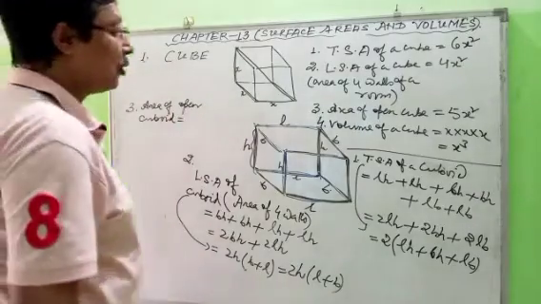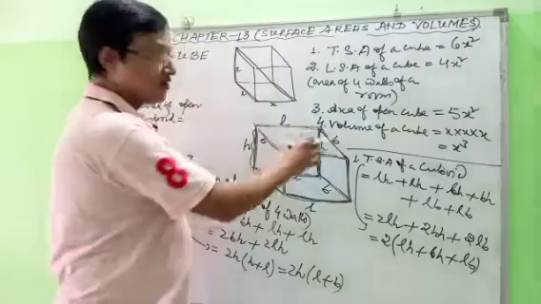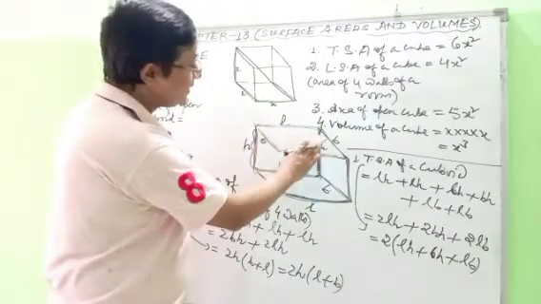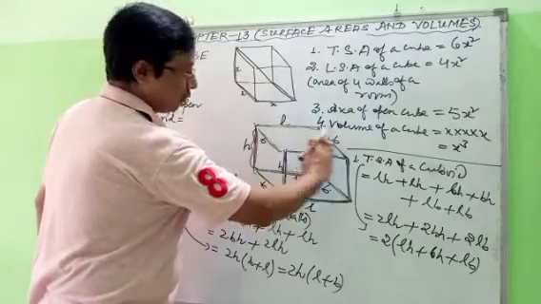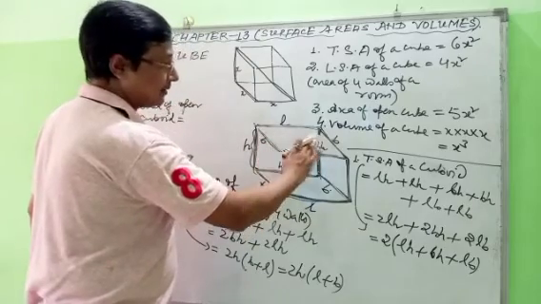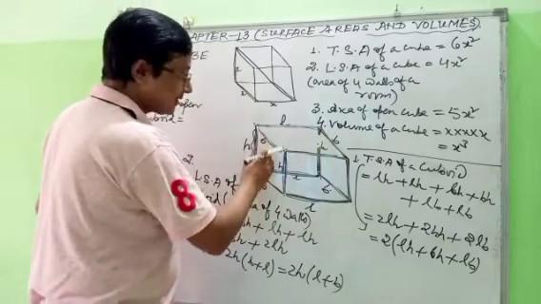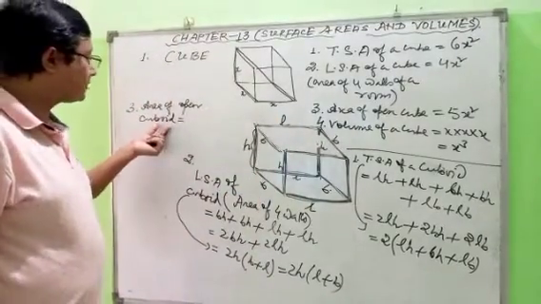Now the cuboid is open, so there is no surface. Supposing this is a container, shape is cuboid, and this one is open. That means there is no surface on this top, on this upper part. So now supposing that is open.